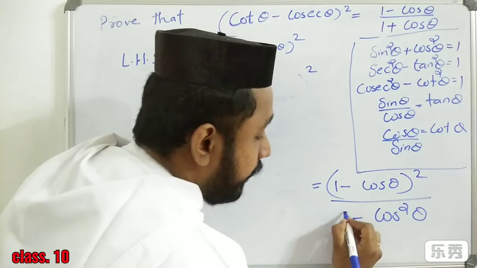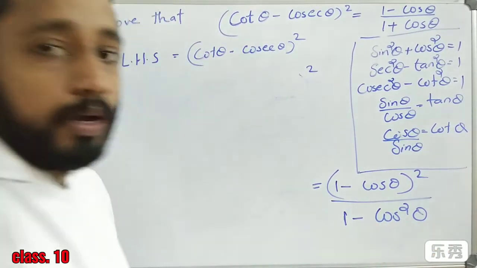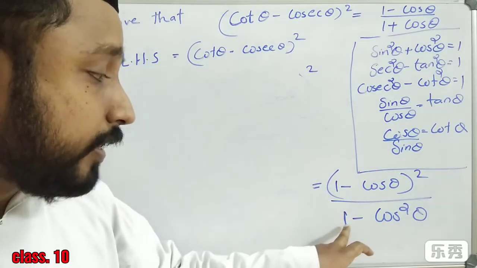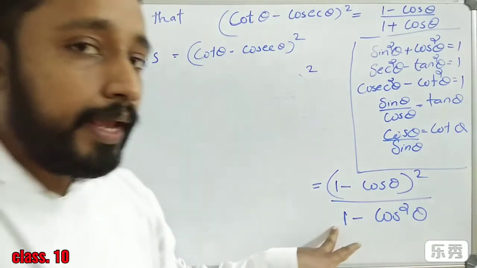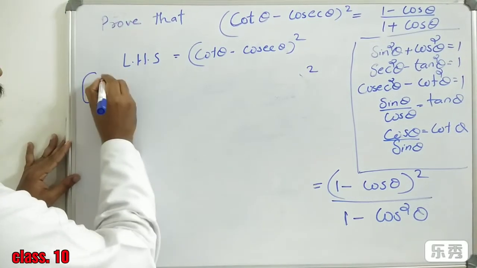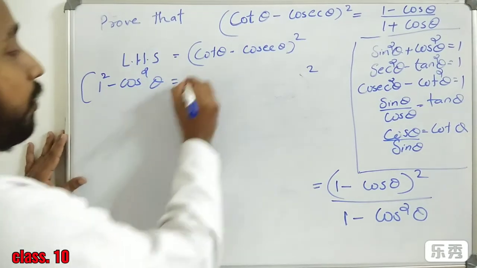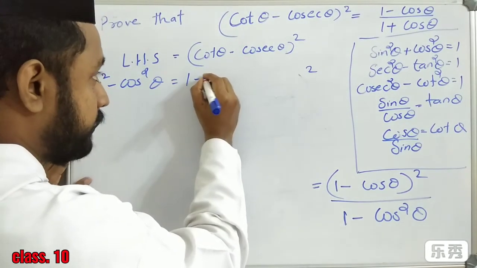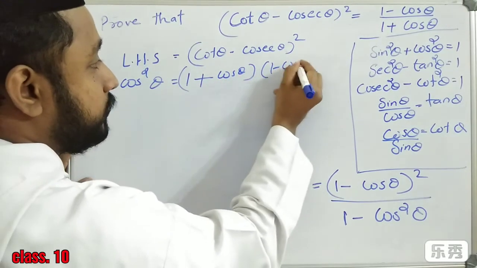Look at here, 1 minus cos square theta. 1 means 1 square, and 1 square is also 1. Therefore, this is 1 square minus cos square theta. This is in the form a square minus b square, which is equal to a plus b into a minus b. That is 1 plus cos theta into 1 minus cos theta.